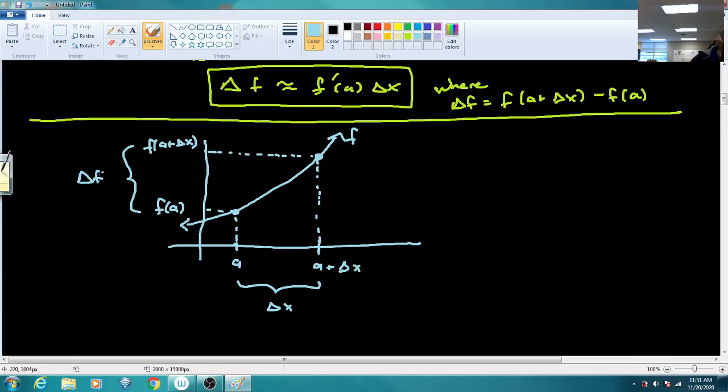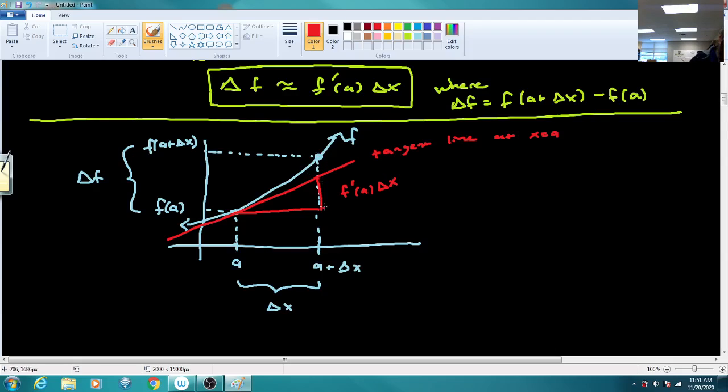How the approximation goes is if we use the tangent line at a, so pretend this is our tangent line at a. Well, we can go over here, delta x, and then the distance here would be f prime of a times delta x.